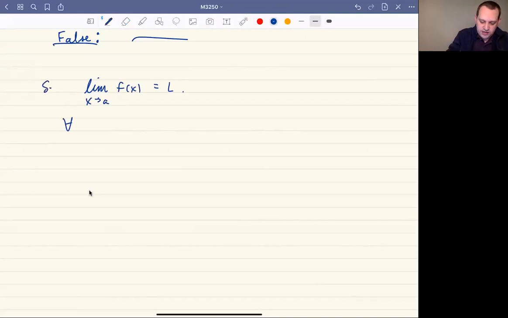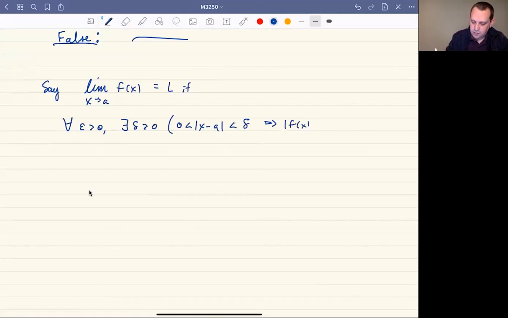We say that the limit of f as x approaches a is equal to L if for all epsilon there exists a delta such that if the absolute value of x minus a is less than delta, then the absolute value of f of x minus L is less than epsilon.